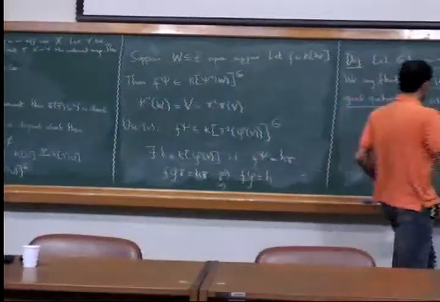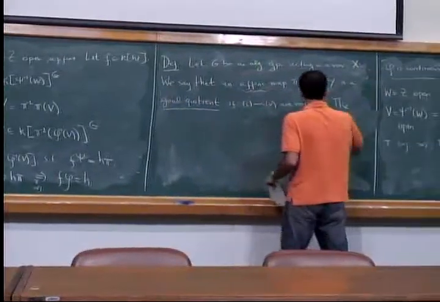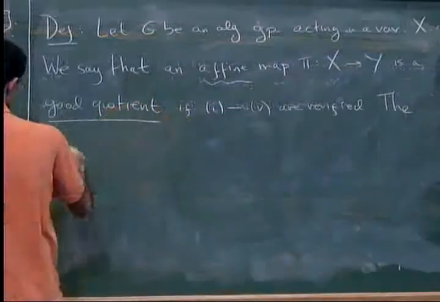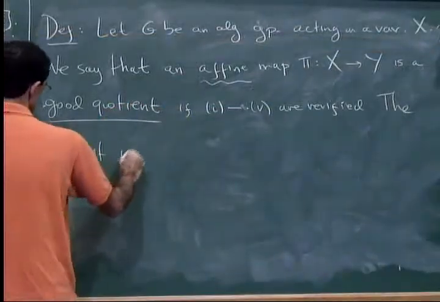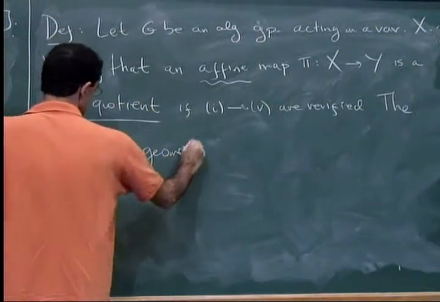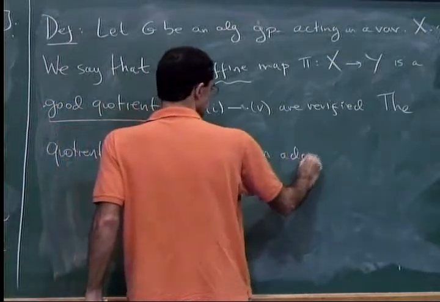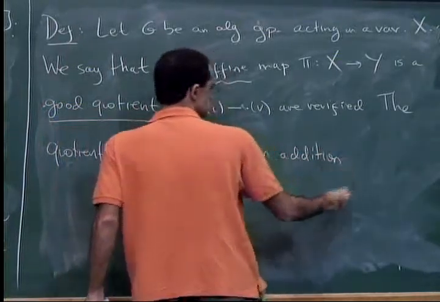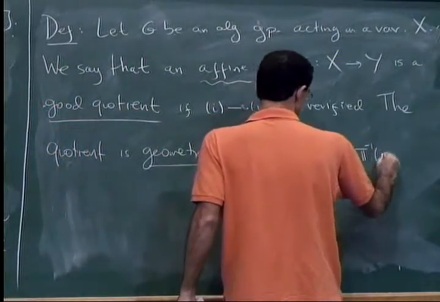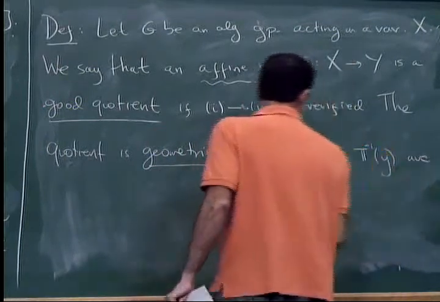And we're going to say that the quotient is geometric if, in addition, the fibers are orbits.